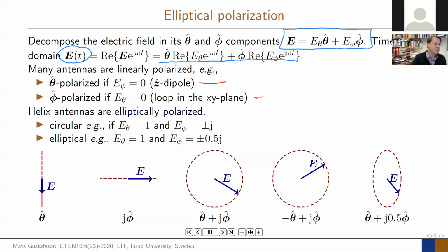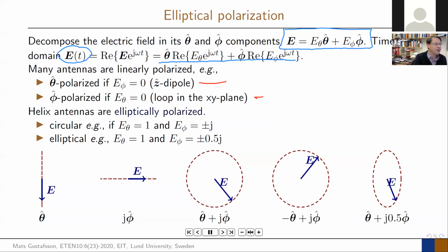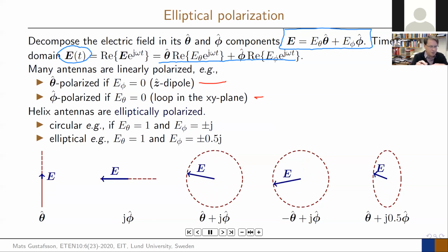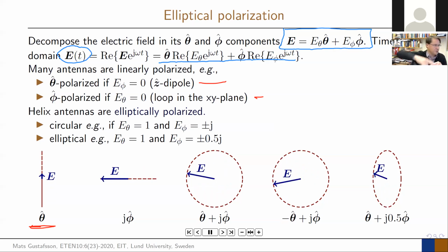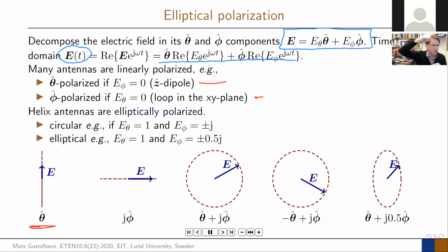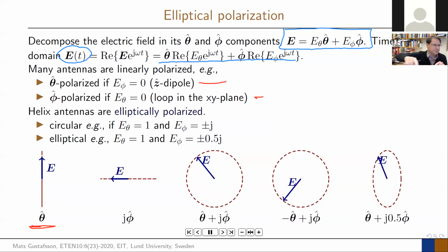But when I start adding up these two components, so I add components that consist of both of them, I get contributions that go, what to say, in both directions. So if we look at the electric dipole, here you have an electric field that just goes up and down like this. If I did my loop, it only goes like this instead.